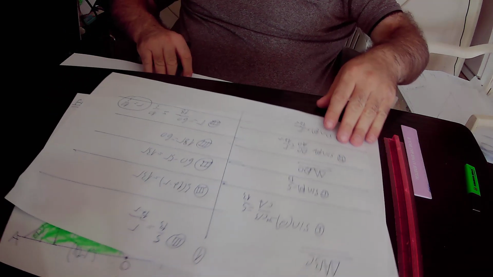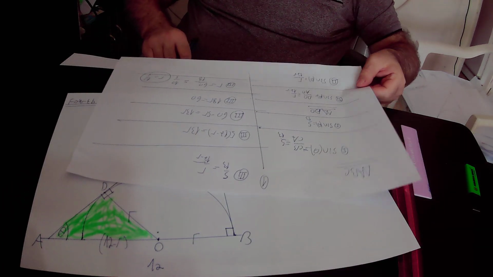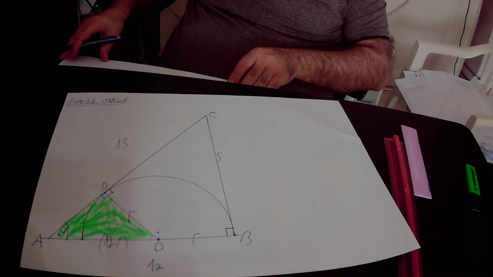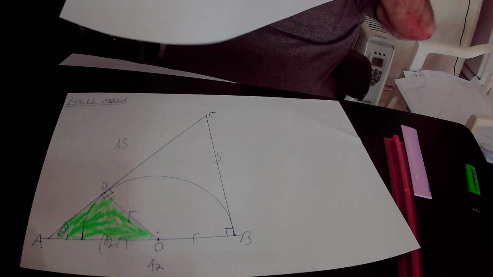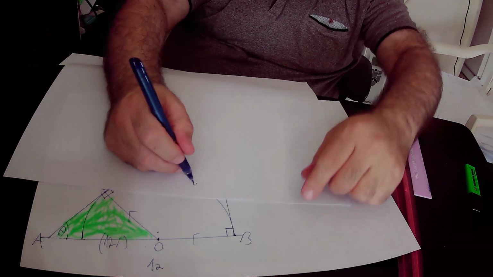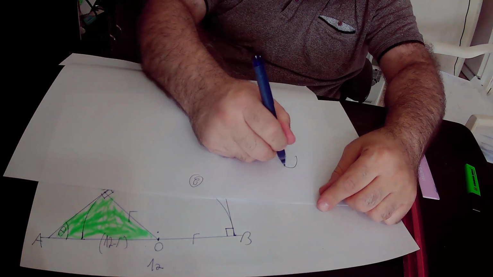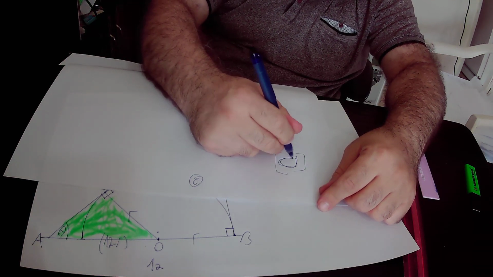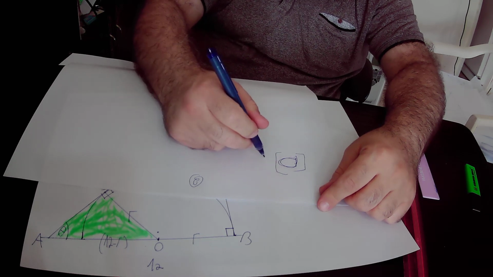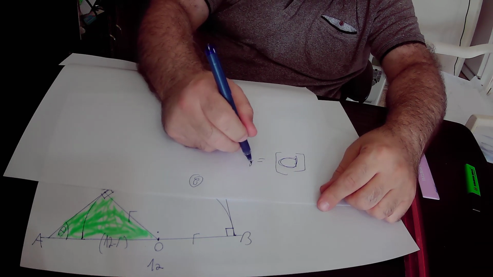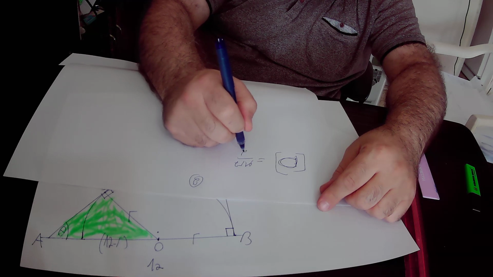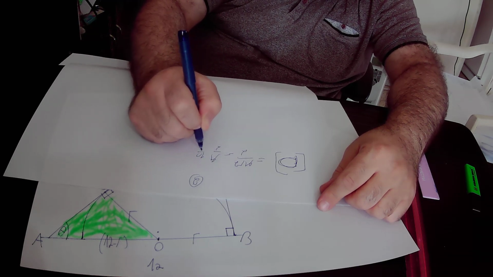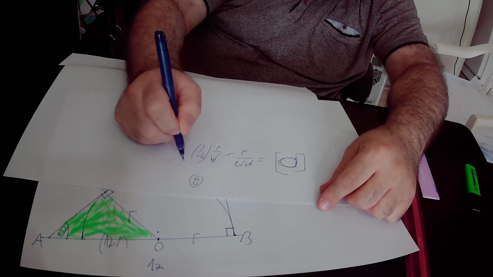And therefore, the area of the semicircle will be equal to pi r square over 2. So it is pi over 2, r is 10 over 3, and r square is (10 over 3) square.